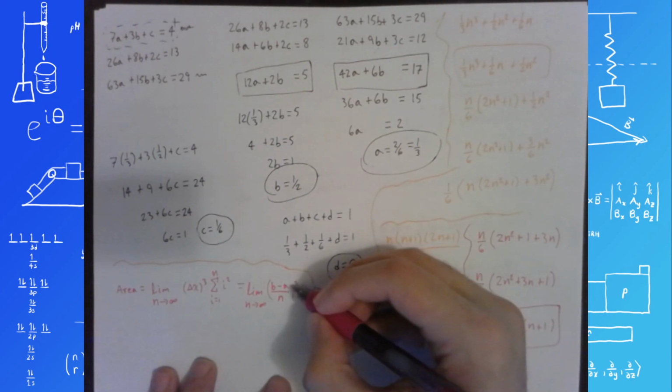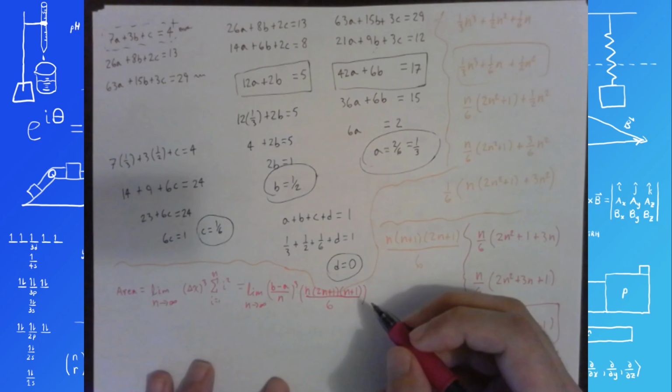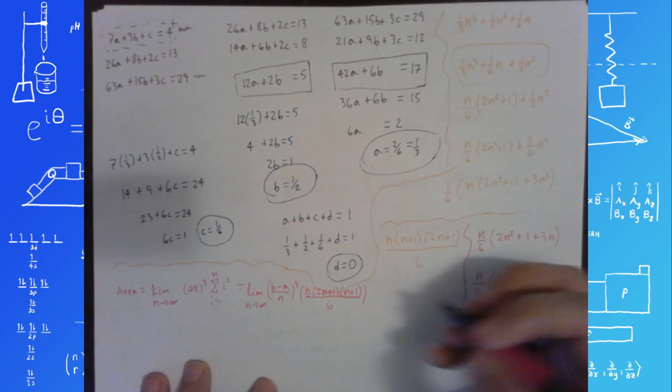But yeah, we're going to get (b minus a) all cubed divided by 6. All of that I can factor out because it doesn't depend on n.